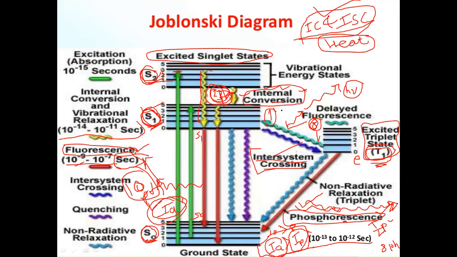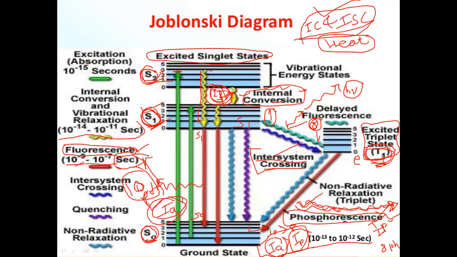Okay, so due to the intersystem crossing, electron moves from S1 to T1, so there is a spin change. Okay, and the energy of T1 is small as compared to energy of S1, and when electron moves from T1 to ground state, it emits the radiation in the form of phosphorescence.